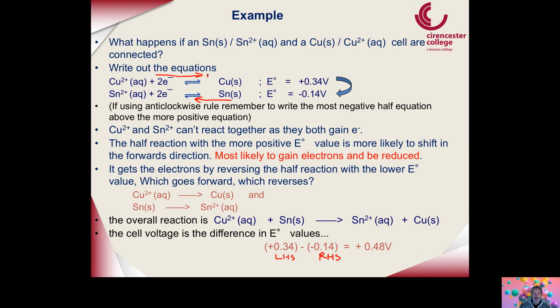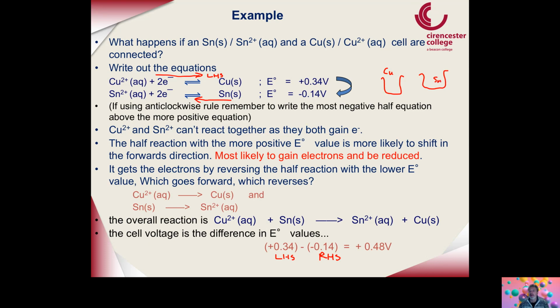So this is the left-hand side, it's going that way. By left-hand side and right-hand side, I mean that you write the value of this one down first and the value of the right-hand side one down second. And if you were drawing the cells in beakers, you would draw them with the copper, Cu, in this one, and you would draw the tin in this one.